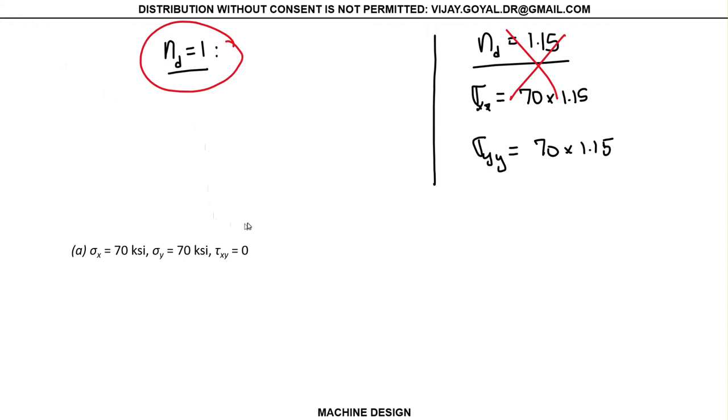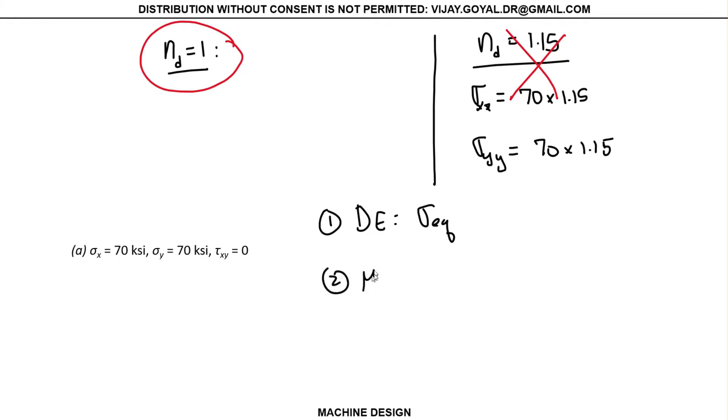And to solve these problems, we have to keep in mind a couple of things. We have 3 theories. The first theory is the distortion energy theory, for which I need the value of sigma equivalent.